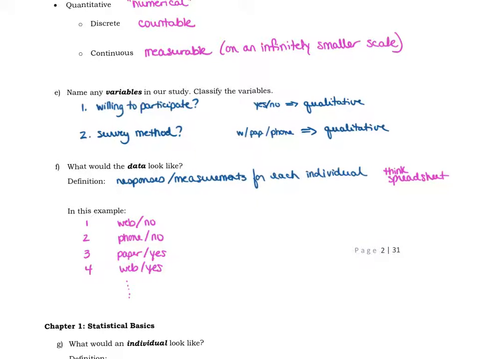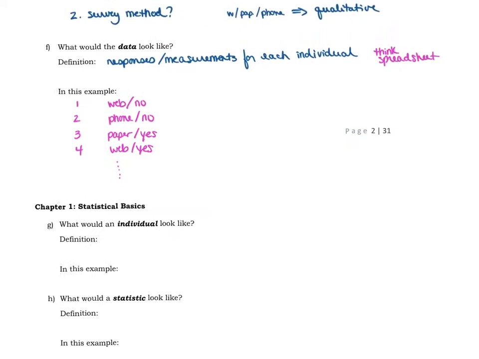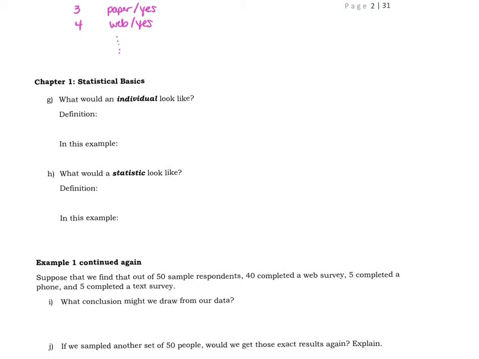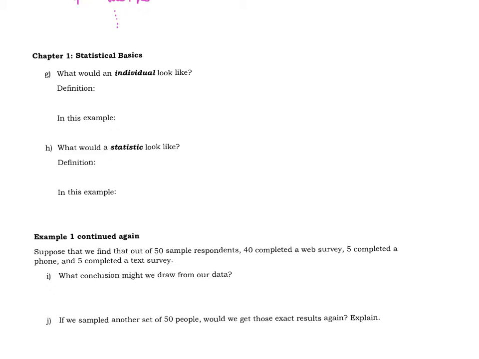Just a couple more real quick to finish up this example and move on. So what does an individual look like? An individual is going to be one person or object from the sample.